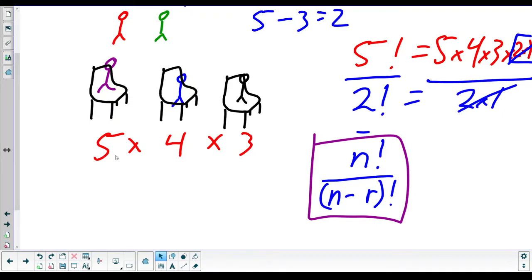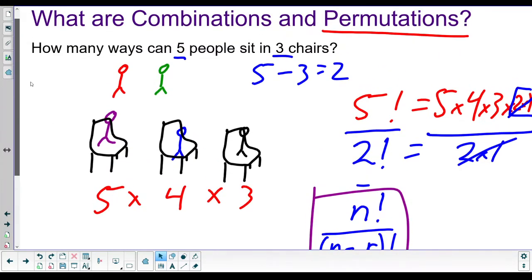It's not like we're playing musical chairs and this person wins $1 million, and if you sit in this chair you win $100, and then if you sit in this chair you win a house, right? It doesn't matter. Everyone wins an apple pie if you win musical chairs. So combinations, the thing that separates combinations from permutations, is that you don't care about order.